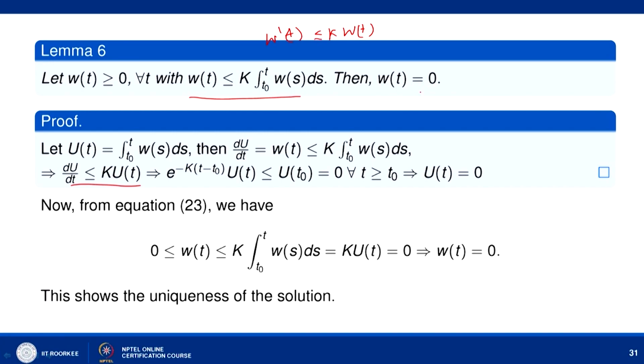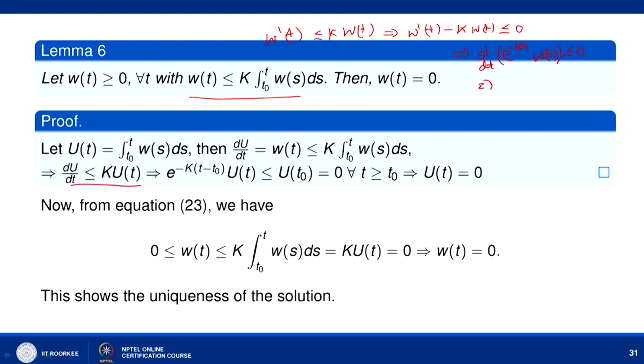So here if you simply want to prove this, then we can simply differentiate: w'(t) is less than or equal to k w(t), and this we can write as w'(t) − k w(t) less than or equal to 0, and this I can write as d/dt of (e^(−kt) w(t)) less than or equal to 0.